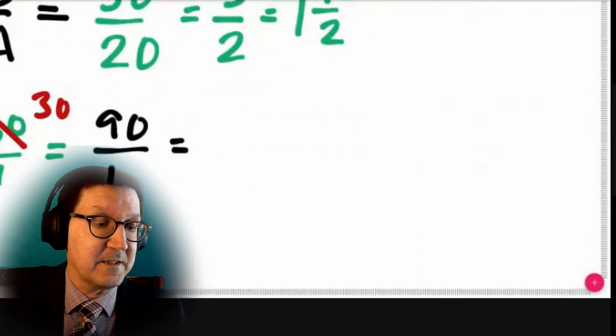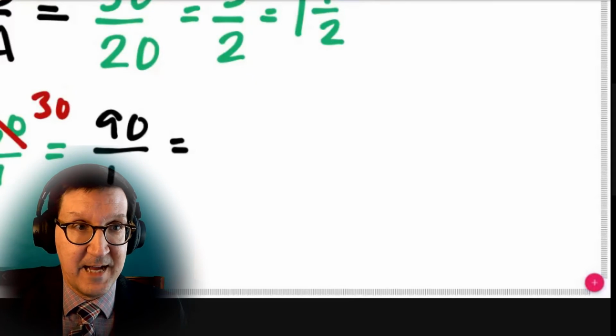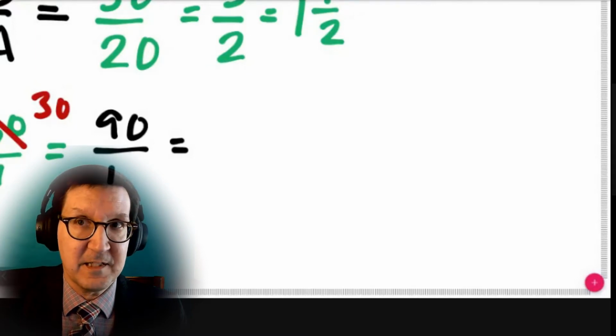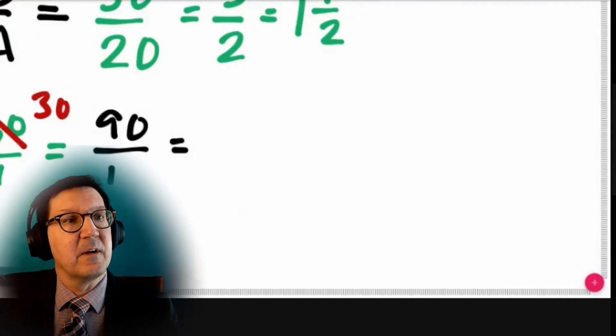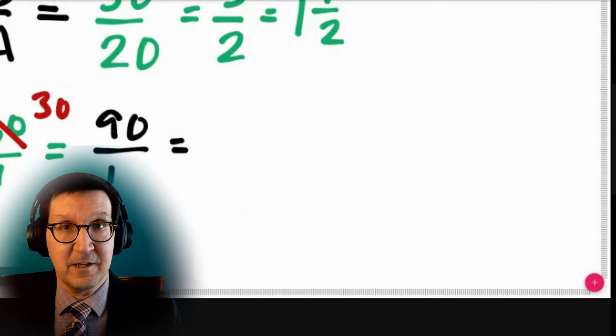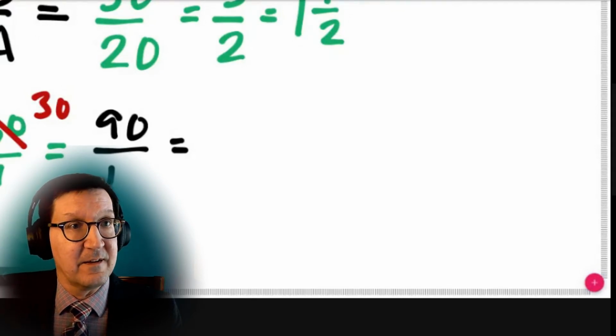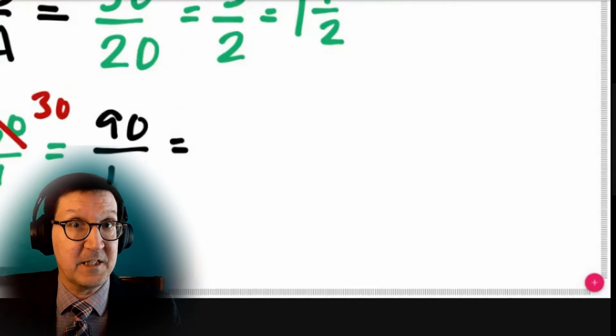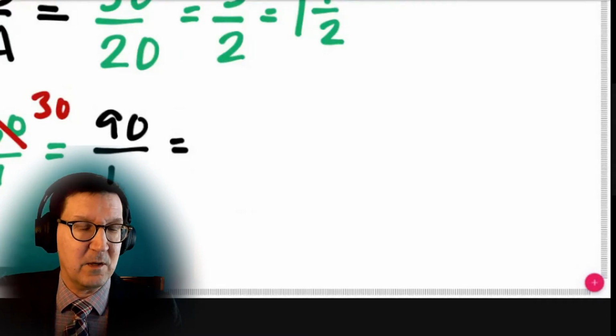So that tells us that gear B turns 90 times for every 60 times that gear A turns, which makes sense if you think about it. Because if gear B turns 1.5 times what gear A does, if gear A is 60, 1.5 times that is 60 plus 30, which is 90. So checking the work, it works out.